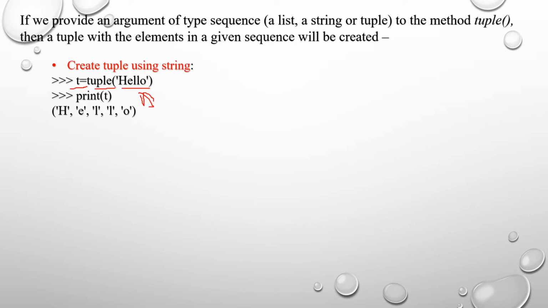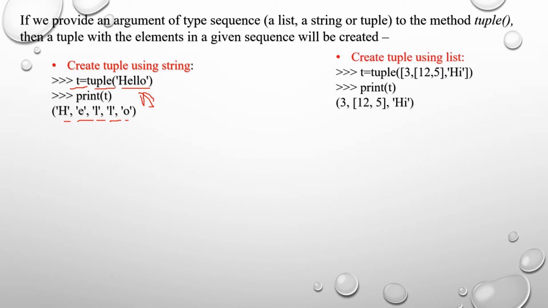Here the string is hello. If you print t, the interpreter will print H, E, L, L, O, each letter separated by commas and all enclosed in parentheses. The type of t is tuple.